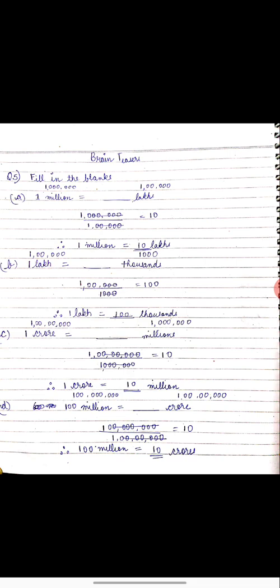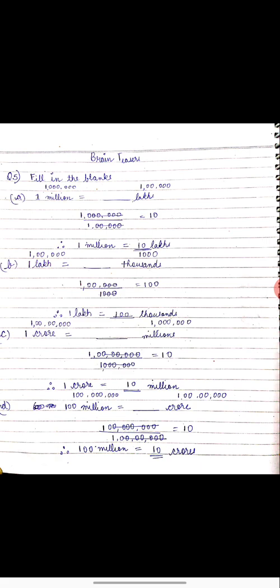It is 100 million is equal to how many crores? Again, on the top I have written 100 million. 100 million means a number with how many zeros? 8 zeros, right? And here it is 1 crore. Again, the number on the left will come on the top and the number on the right will come below.